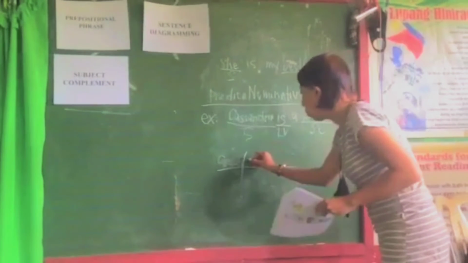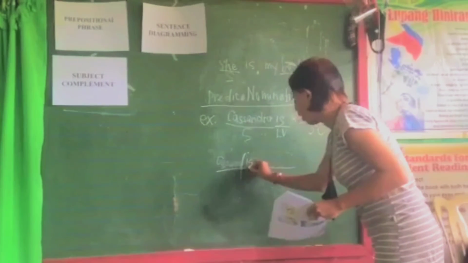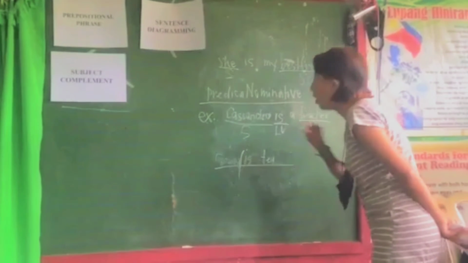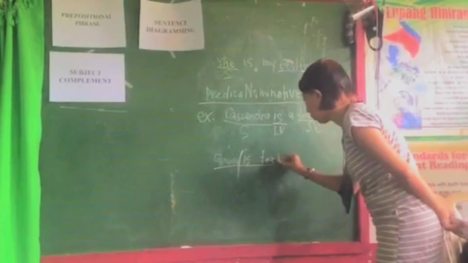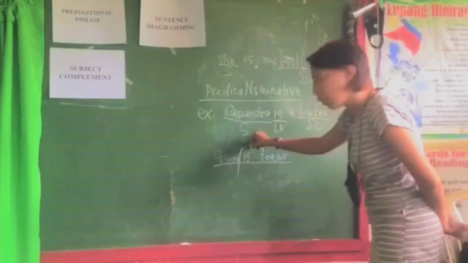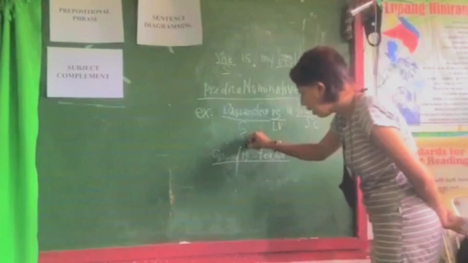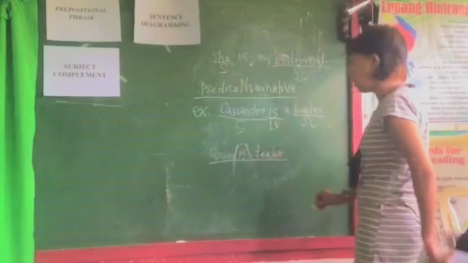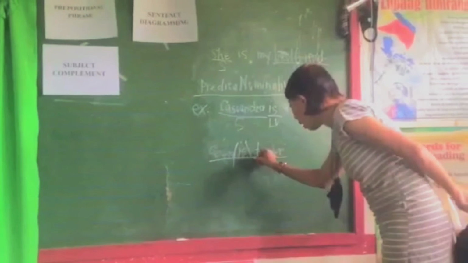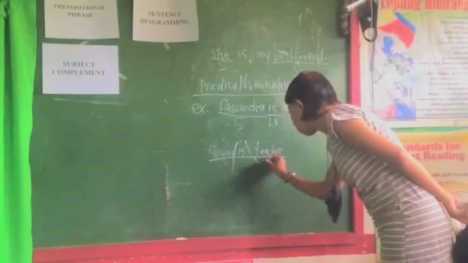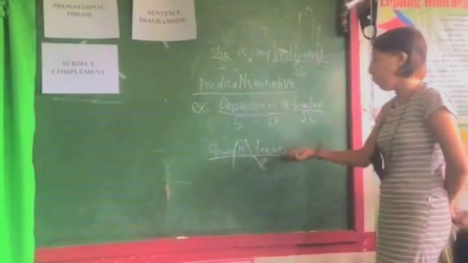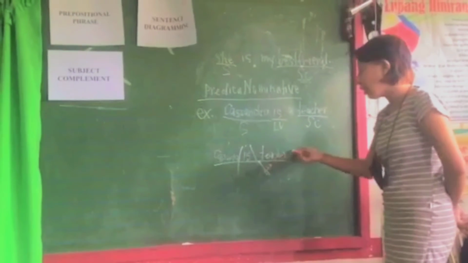Now our linking verb, which is is. And teacher, which is our subject complement. Teacher. We have to draw a line between is and teacher to separate them. Now, a, we have to write it on a slant line under the word teacher because it modifies teacher.